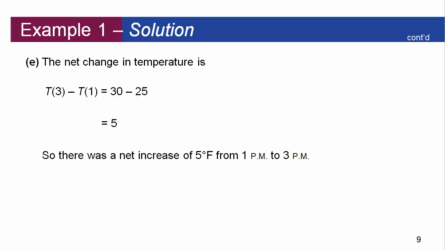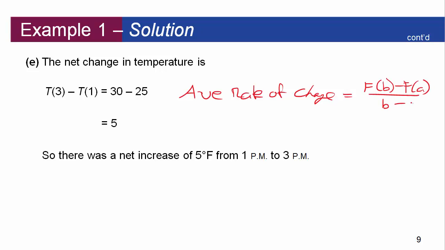And if we want to do average rate of change, remember that average rate of change just equals f of b minus f of a, the change in your y's, over b minus a, right?